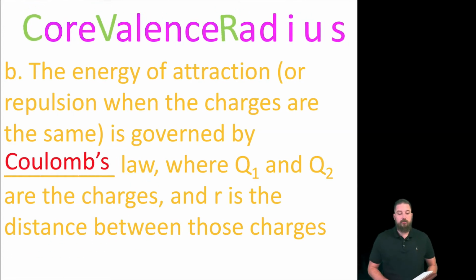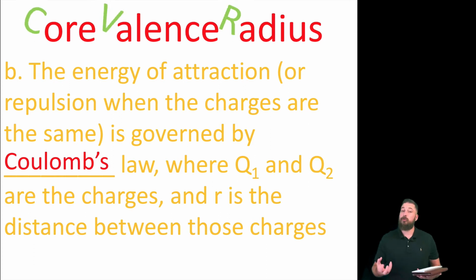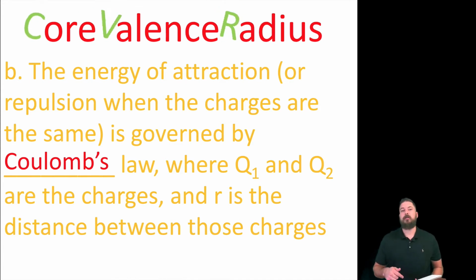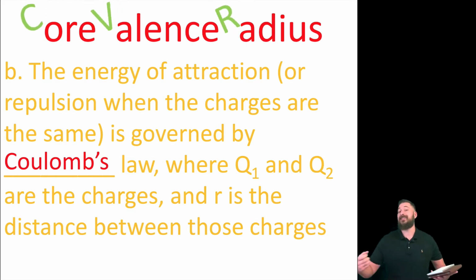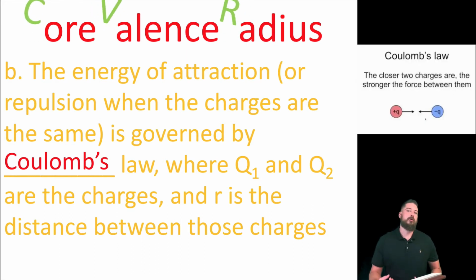And the energy of attraction or repulsion when the charges are the same is governed by Coulomb's law. And so just to remind you what Coulomb's law states, if you have 2 charges, let's say a positive and a negative charge, the force of attraction between them is dependent upon 2 things. It's dependent upon the distance. So the closer those 2 charges are, the stronger the force of attraction.